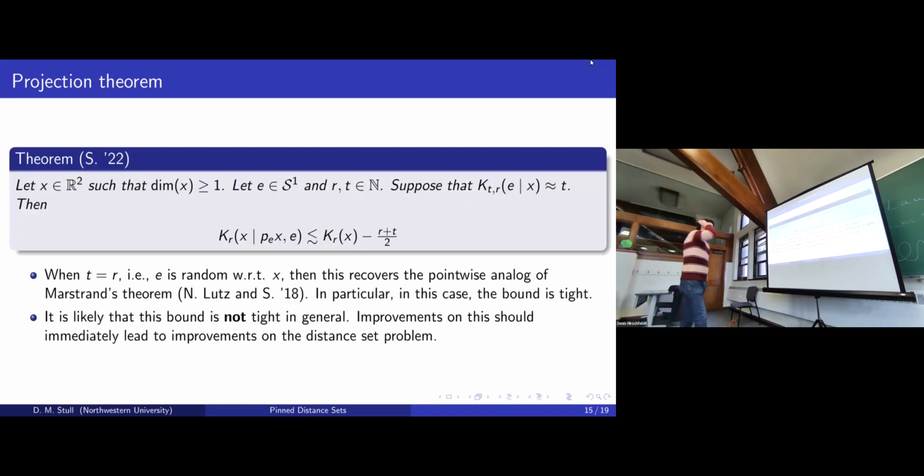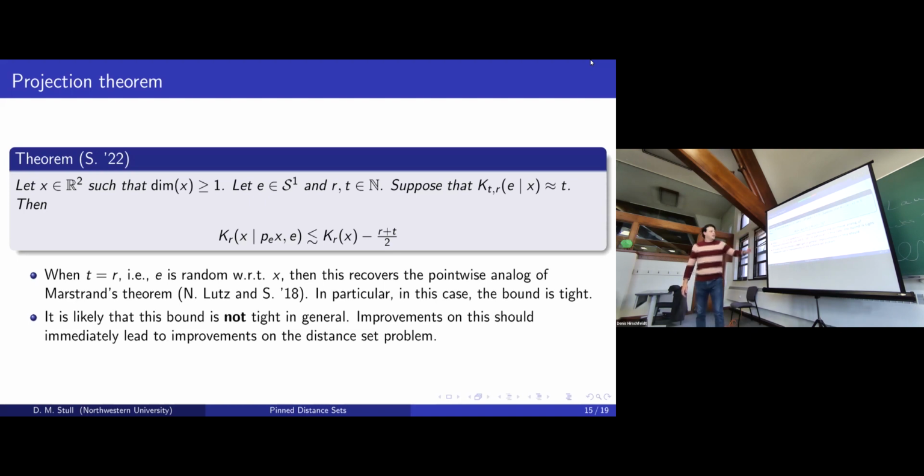This is really the main theorem of this paper, the distance result. This is where most of the technical improvements are in the paper.